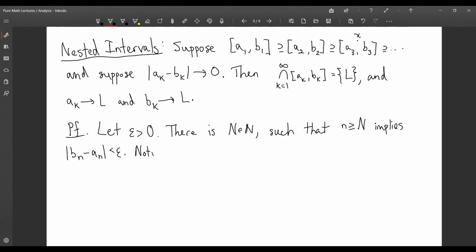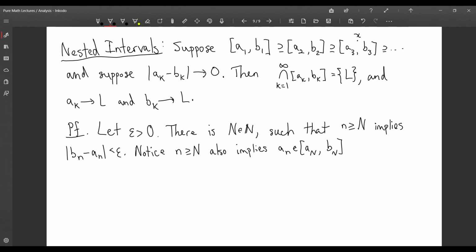Now notice that n greater than or equal to big N also implies that a sub n is contained in the interval from a sub big N to b sub big N, right?